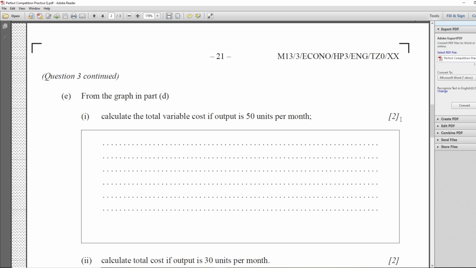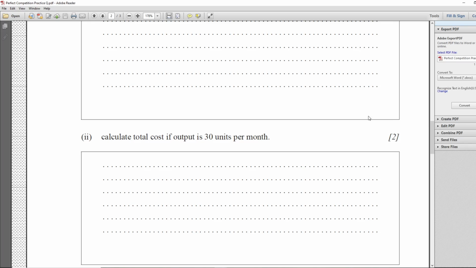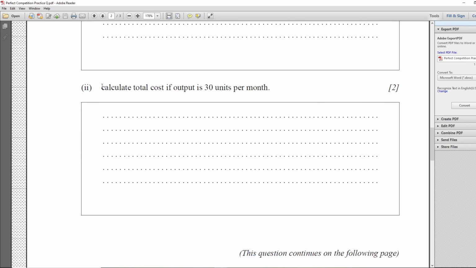So make sure you have your working with you. You guys got it? It's very important. It doesn't really matter if you know how to calculate this. If you are not showing the working, then you will not be able to get 2 marks.